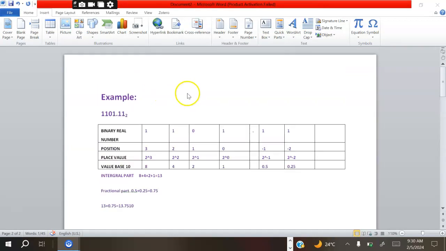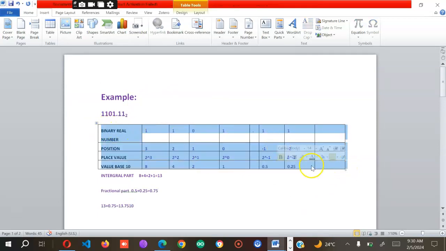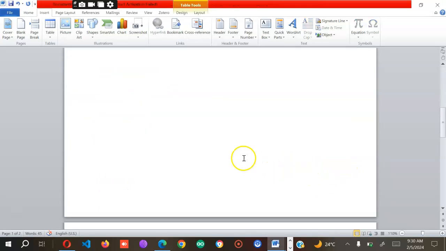111.101. Okay, let me copy the table to make my work easy.